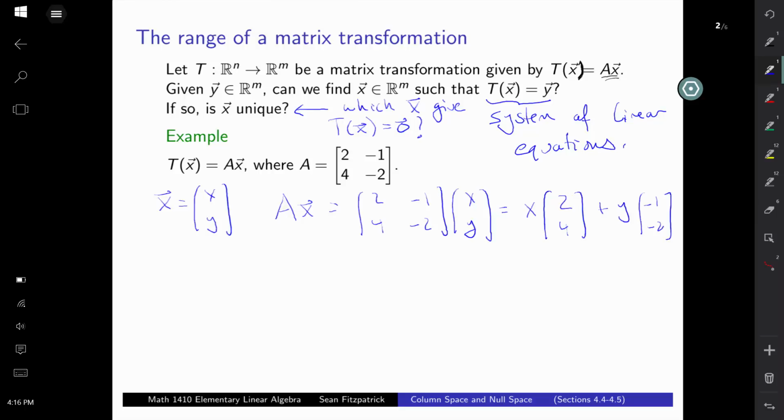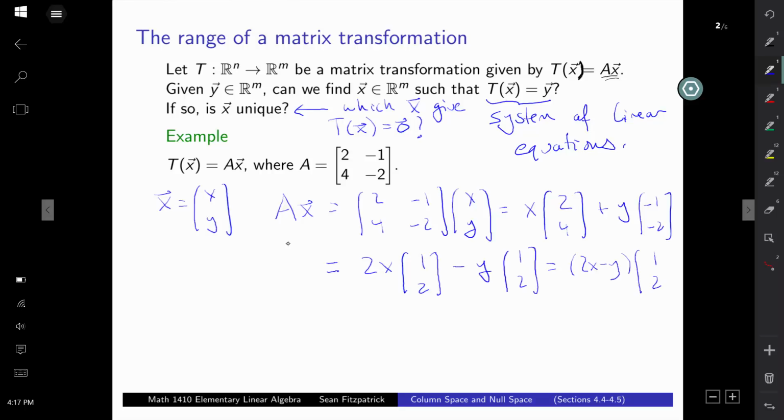But one thing I can do here is pull out a common multiple of 2 from the first, giving 2x times (1, 2), and pull out a minus sign from the other, giving minus y times (1, 2). So I get (2x minus y) times this vector (1, 2).